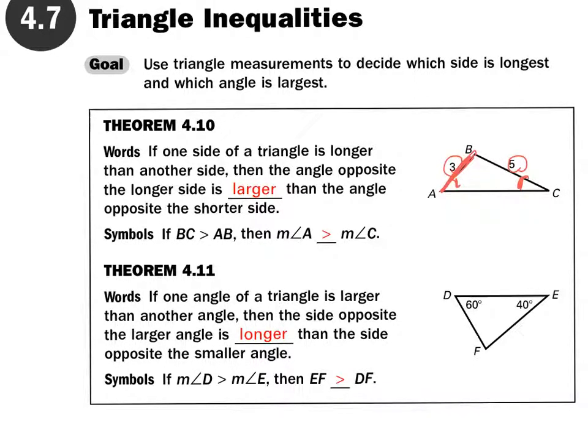Obviously, we're just reversing the previous theorem. So now we have angle D at 60 degrees, angle E at 40 degrees, and then this line, which is EF, has to be longer than DF, which is the blue line. And just a visual inspection tells us, yes, that is the case.